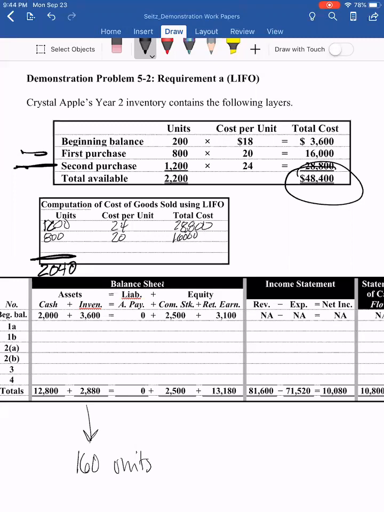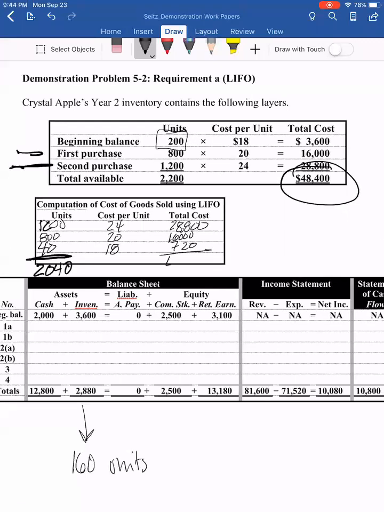But out of this beginning balance amount of those 200, I only need 40 of those units to get me to that amount. So those 40 units, those were $18 a unit. And so 40 times 18 is 720. That total amount is 45,520. Okay, 45,520.